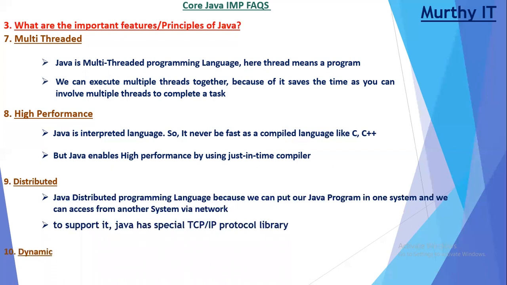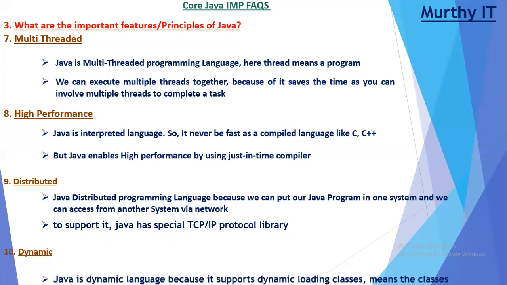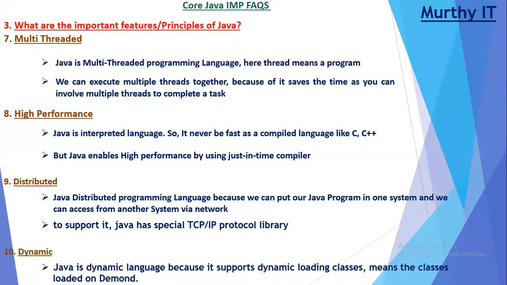Why is Java dynamic? Dynamic means, if you are using many classes in our project, all the classes won't be loaded. In a project we may be using some thousands of classes. Will all those classes be loaded into the JVM?